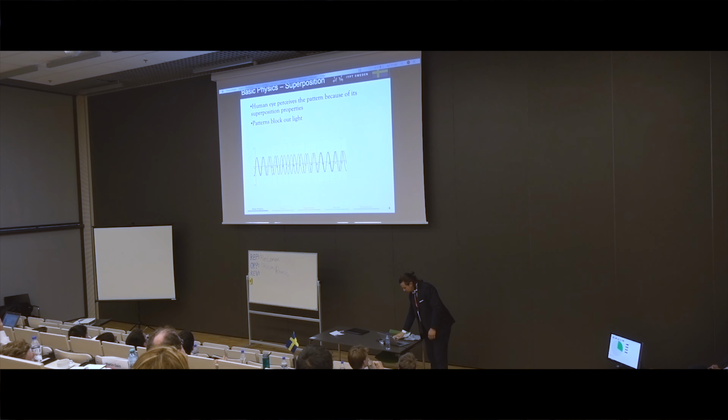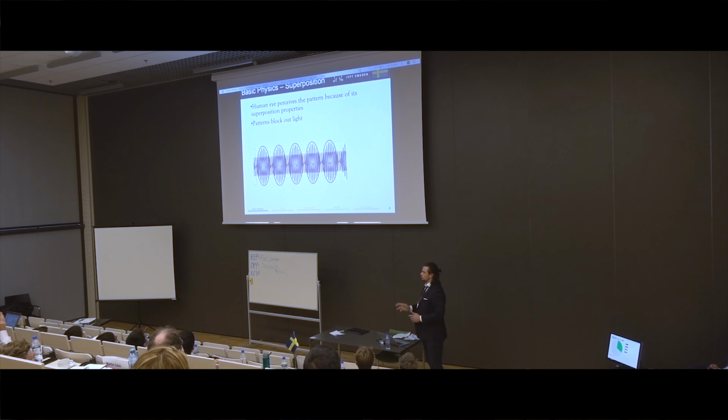If we take the first sine wave, the blue one, minus the other one, and squish it together, we see this. So these would be the Moire fringes explained from a superposition point of view.